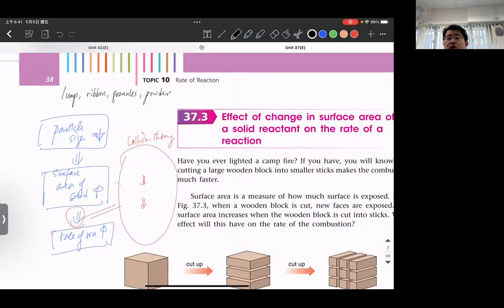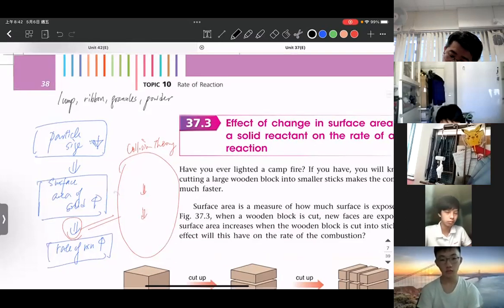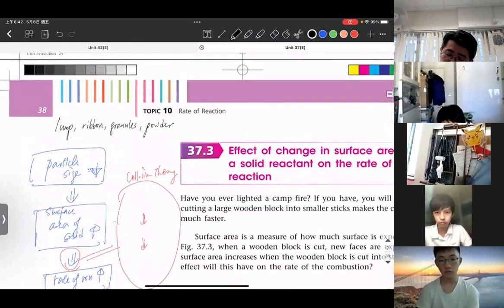Do you know the difference between them? Do you know the difference between them? You know the difference? Now it's time to show it in a graphical way.